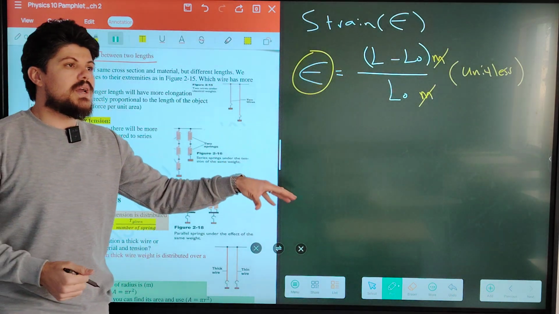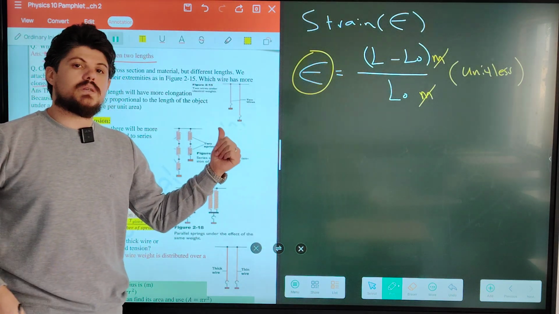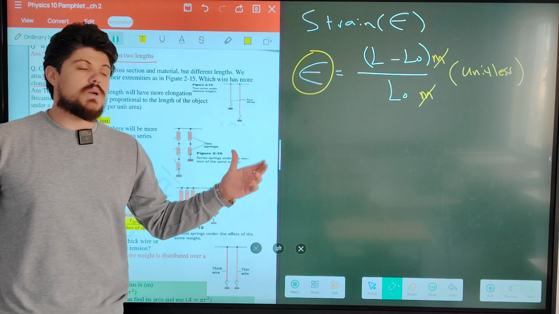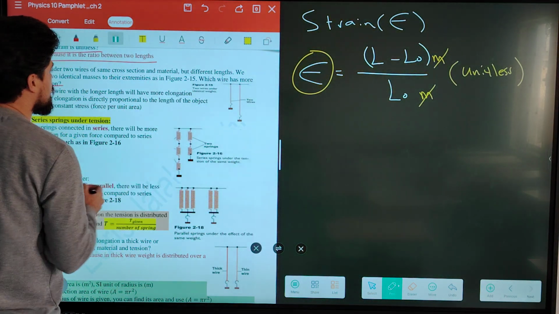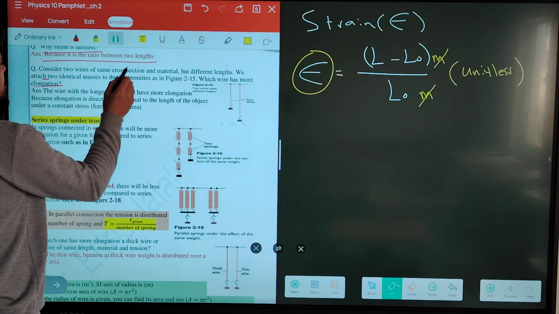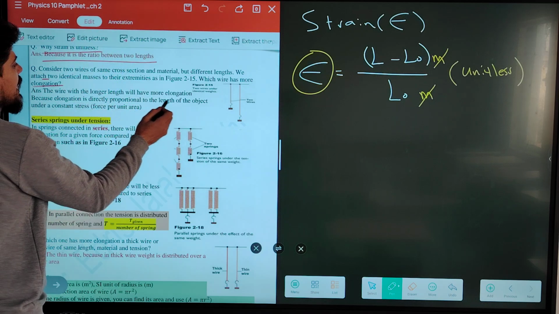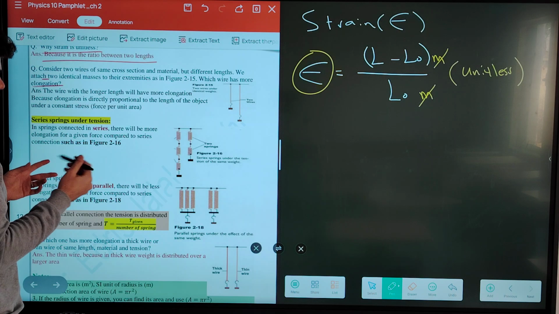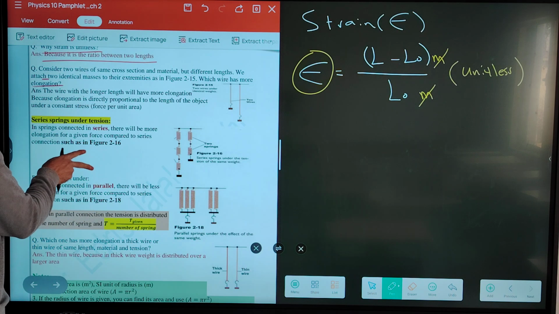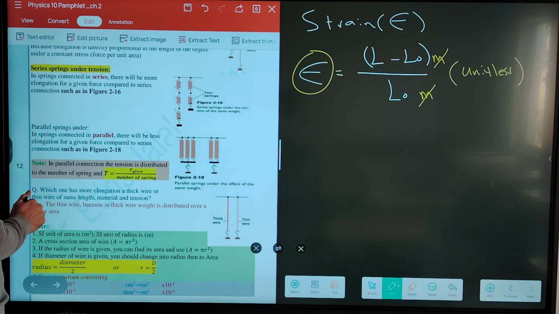The longest wire has more elongation, because elongation is directly proportional to the length of the wire, and there is constant stress, force per area.